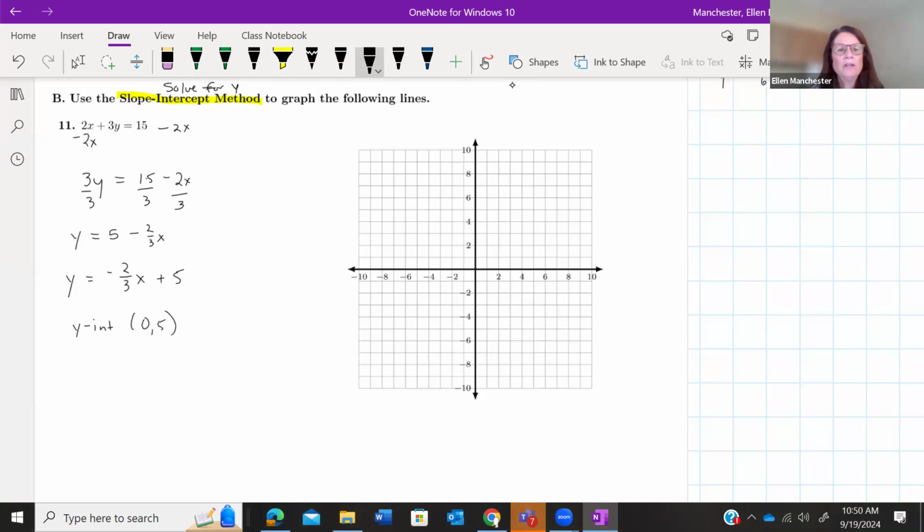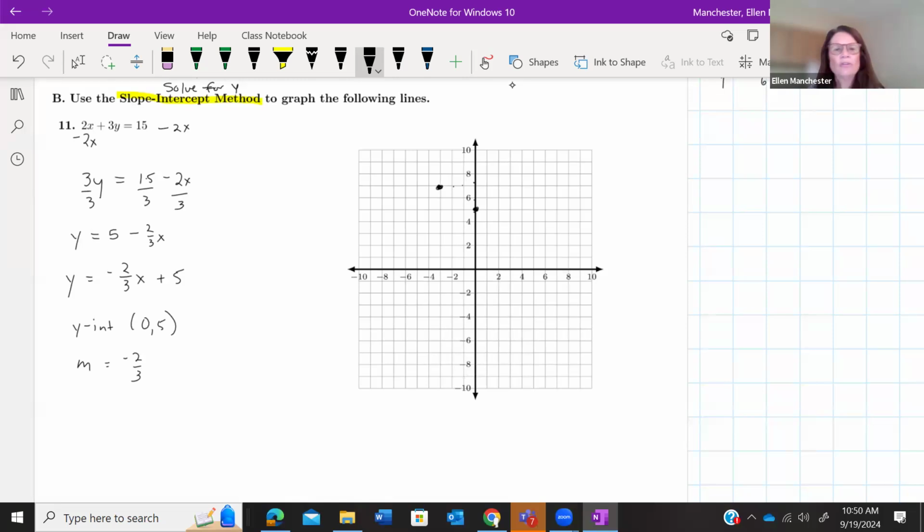So I'm going to come over here and I'm going to put a point on my graph on my y-intercept. My slope is negative 2/3. So I'm going from that point, not from the origin, but from the y-intercept. I'm going to rise 2, and then I'm going to run to the negative side 3 and put my second point.